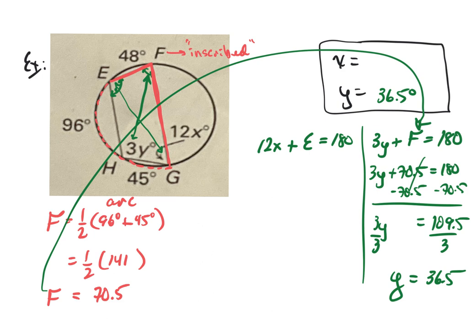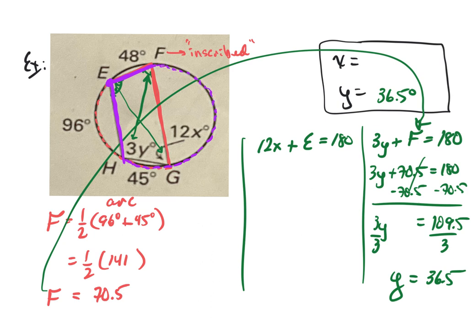Okay, and then we're just going to do something similar for E. So that we can take our first equation here, replace E with what it's equal to, and then solve the equation. Okay, so changing colors here so you can see it. Angle E on the circle is made up of the chord that goes from E to F, and then the chord that goes from E to H. And therefore its arc is this one.